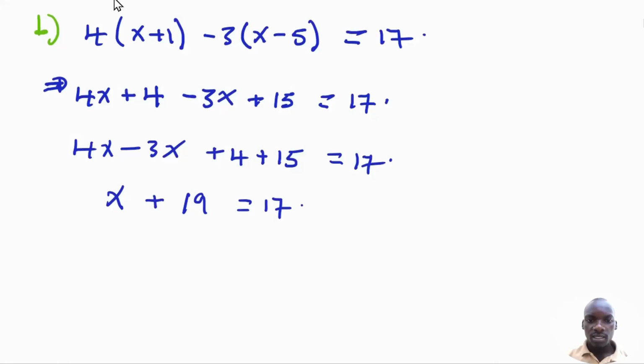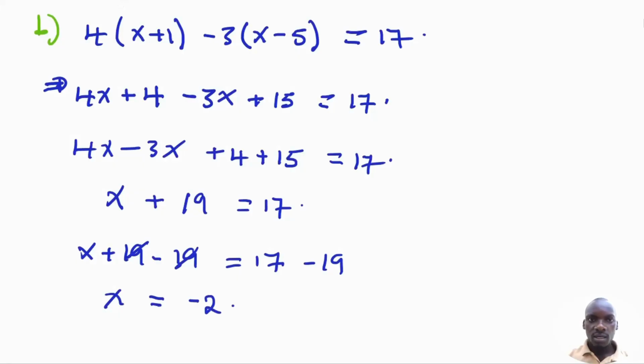Let us collect like terms by taking the 19 to the right hand side. Simply, we have x + 19 - 19 = 17 - 19. So we remain with x alone, since the 19s cancel out, being equal to 17 - 19, which is negative 2. Therefore, x = -2 is the correct value for part B.